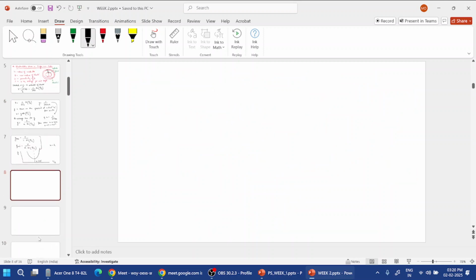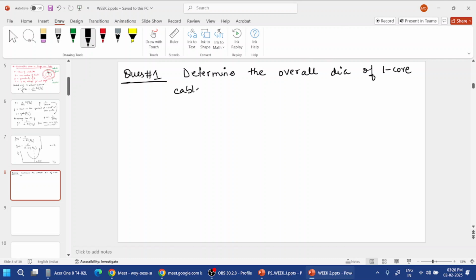Now we will solve some questions for this. For example, question number 1: determine the overall diameter of a single core metal sheathed cable for a working voltage of 85 kV.